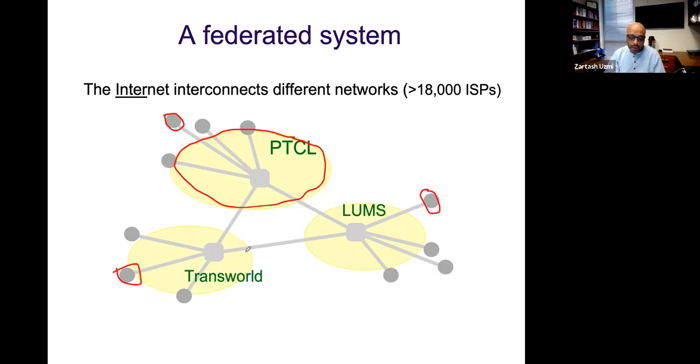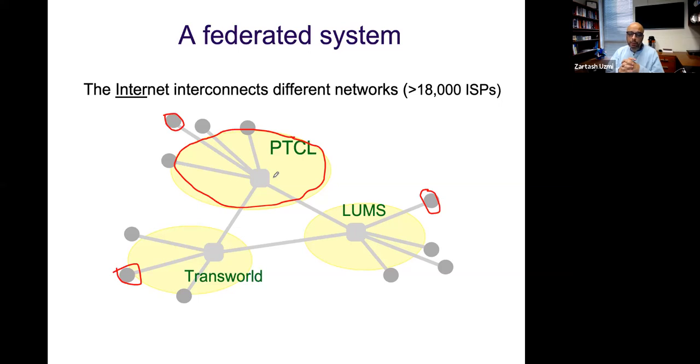Now you see that these end devices are connected to the ISPs, and there are tens of thousands of ISPs in the world. They are all interconnected to each other, maybe not directly. AT&T and Verizon are probably connected to each other directly; these are very big networks. But PTCL is not directly connected to Verizon.